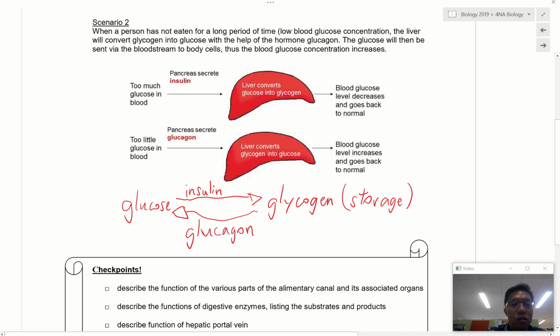So insulin converts glucose into glycogen, and glycogen gets converted by glucagon back into glucose, so that the glucose can be used by the cells. This is a process that we'll elaborate on further towards the end of semester 2, in another chapter.